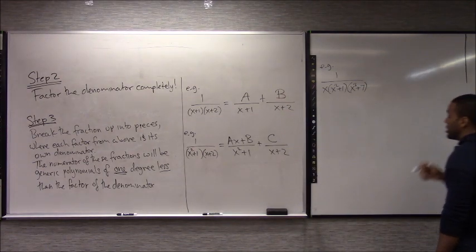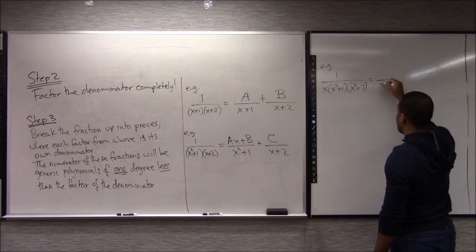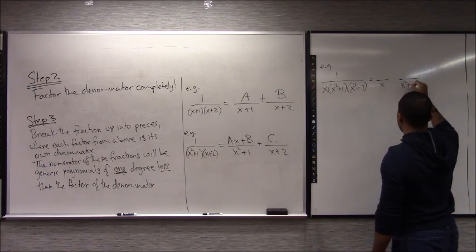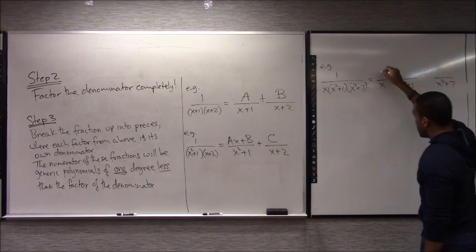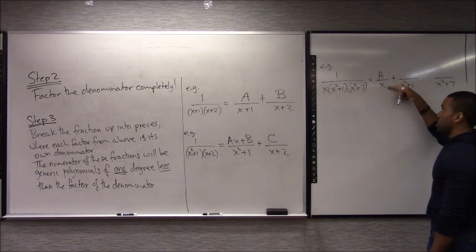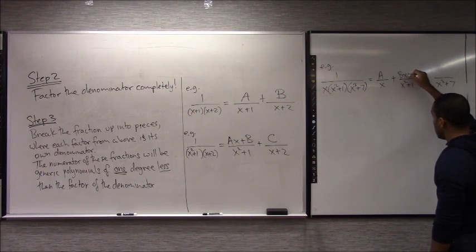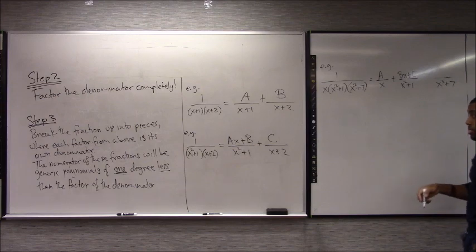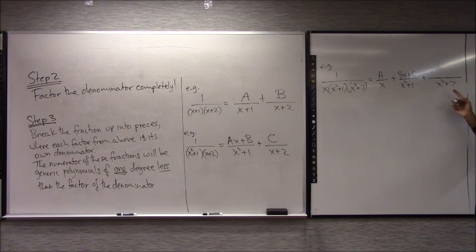Because 7 is not a nice cube. Then the denominators would be x, x squared plus 1, and x cubed plus 7. On top of the x, you're going to put an A, because 1st degree needs a 0 degree on top. On top of this, you're going to put a Bx plus C, because there's a 2nd degree on the denominator, I need a 1st degree on the top. For the next one, 3rd degree on the bottom, which means I need a 2nd degree on top.